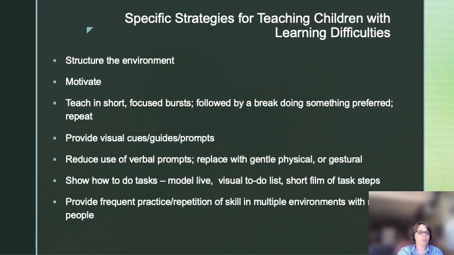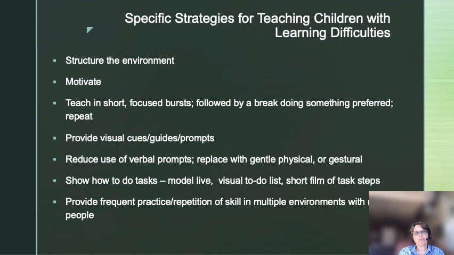Now, granted, you can model it live yourself. There's some research that suggests that children learn more from watching a same-age child do an activity, so you could try that. You can also do like a little visual to-do list where it breaks down the steps either in words or with pictures. Or there are times when I will go online.